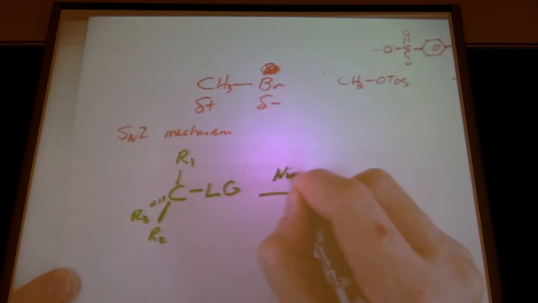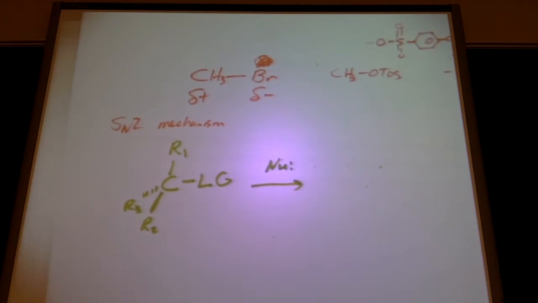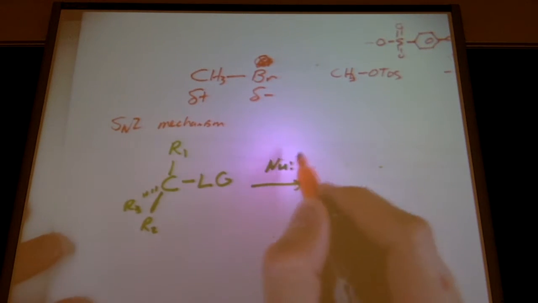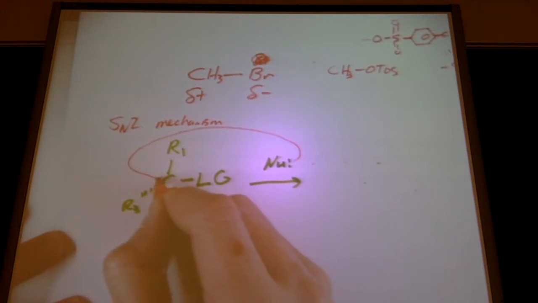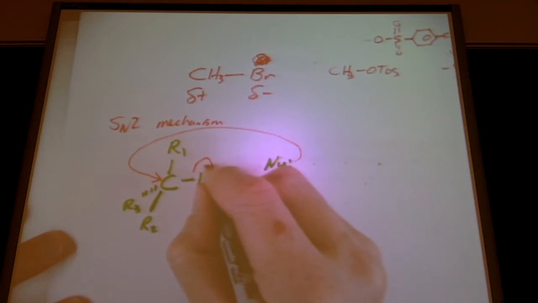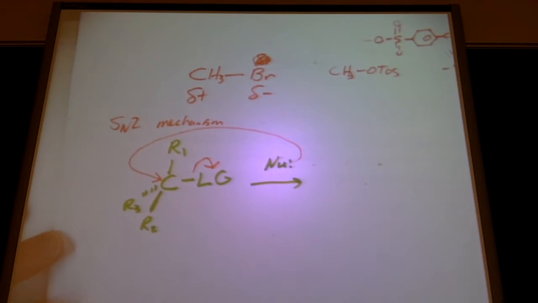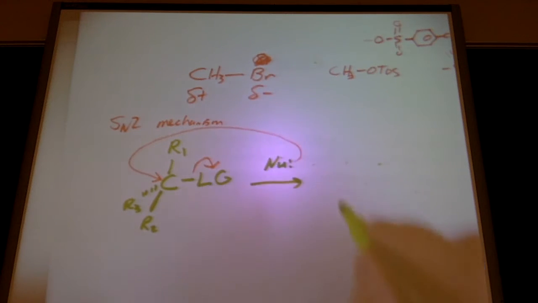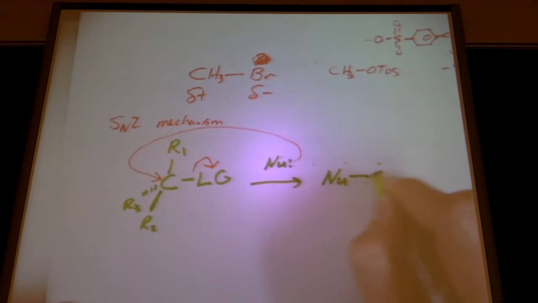Then I have to have some kind of a nucleophile. In the SN2 reaction, the substitution takes place in a single step without intermediates. So it substitutes in place of your leaving group.